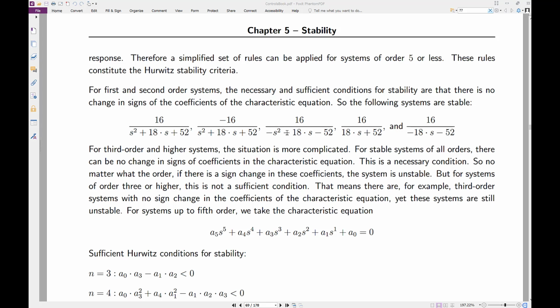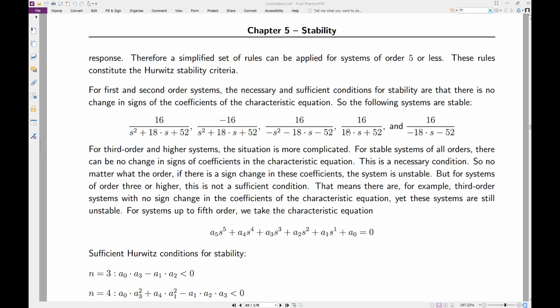Here, it looks like this may be an unstable system because I have negative signs here. But actually, this system here is exactly the same as the system here. If I multiplied this by negative 1 over negative 1, I would wind up with the system before, the second one.